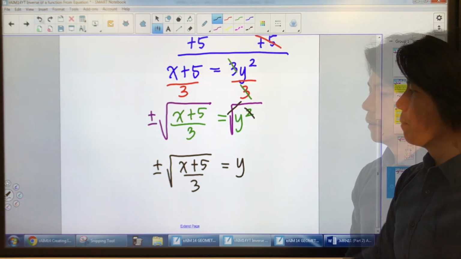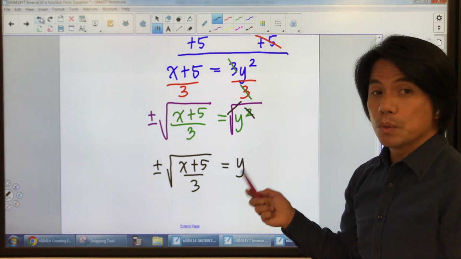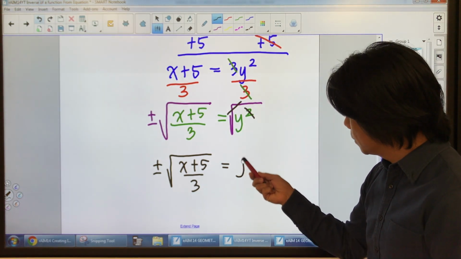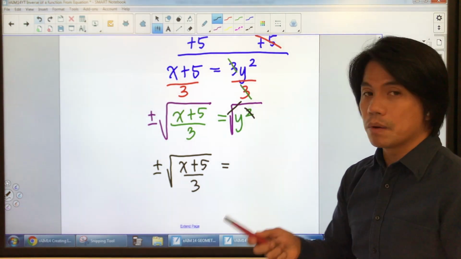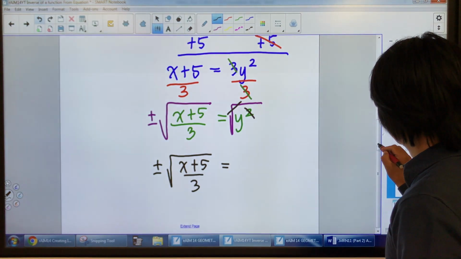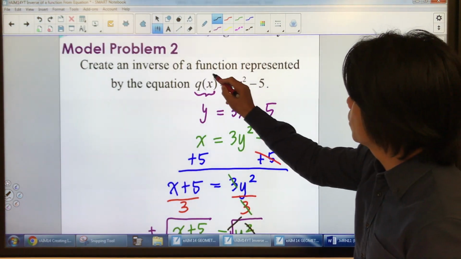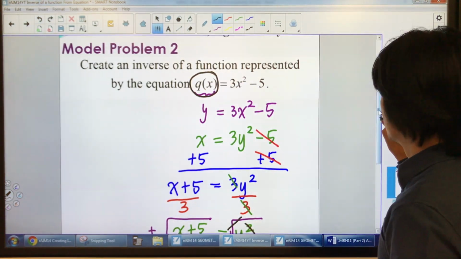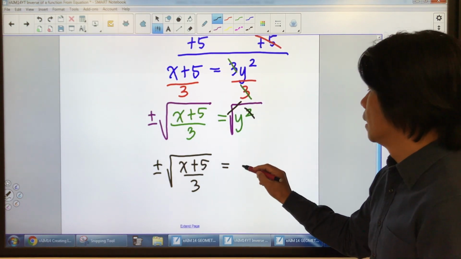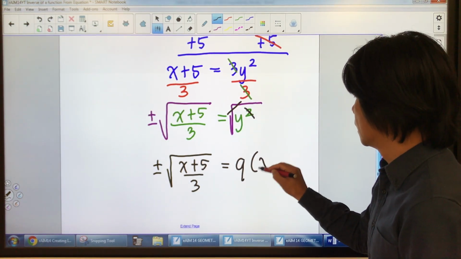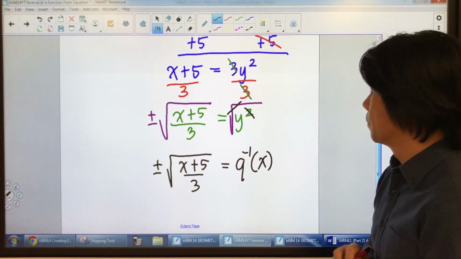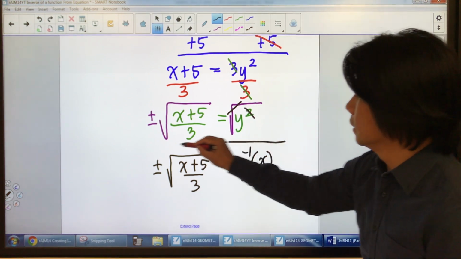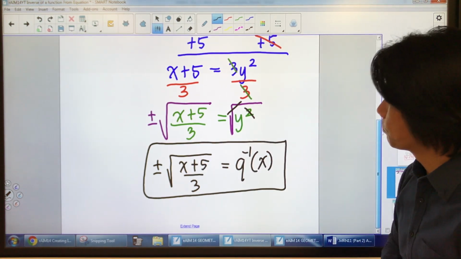That's step 3. So step 4 is we just simply change this y to f of x inverse, right? But be careful. We are given q of x. So what do we write? It's q of x inverse. Got it? And that is our final answer.